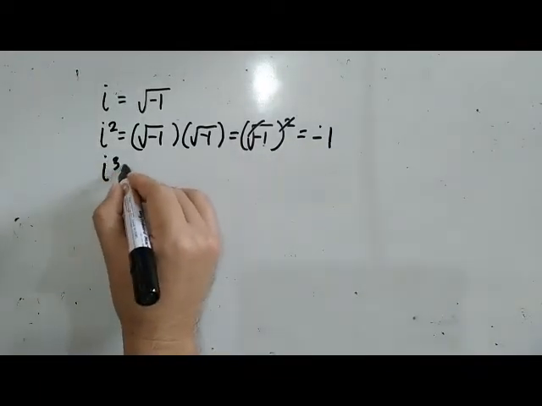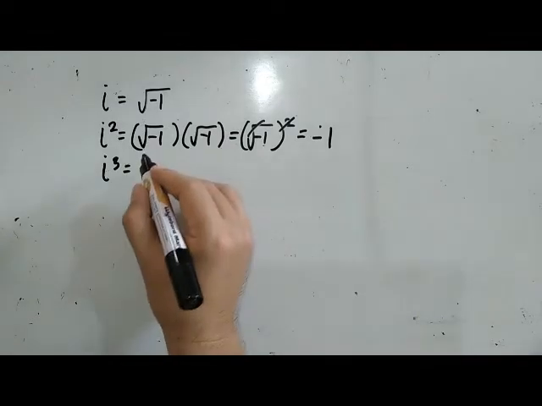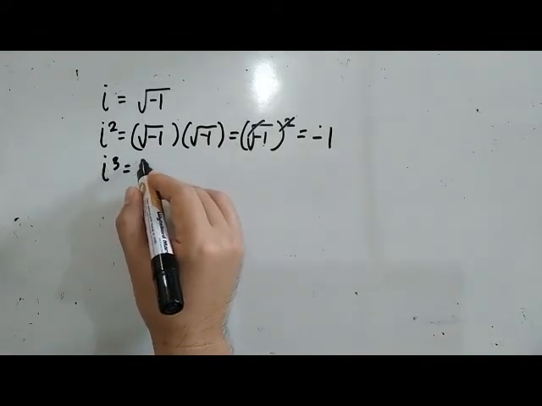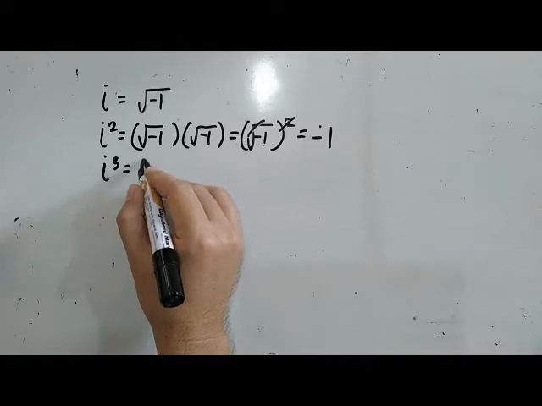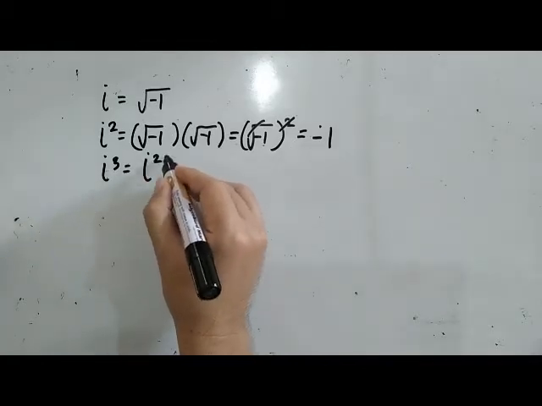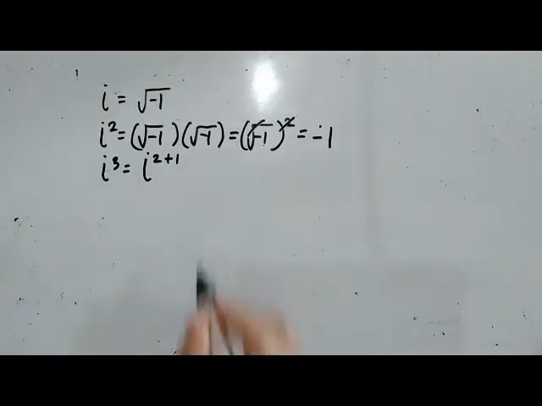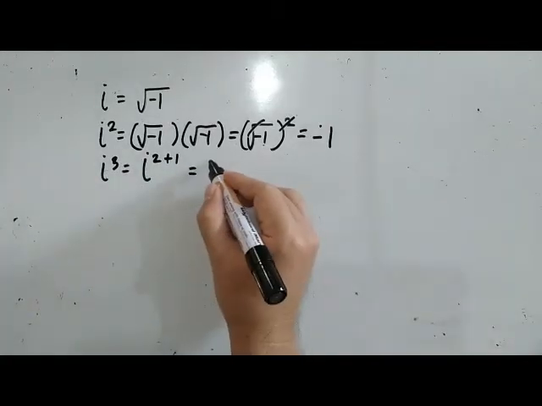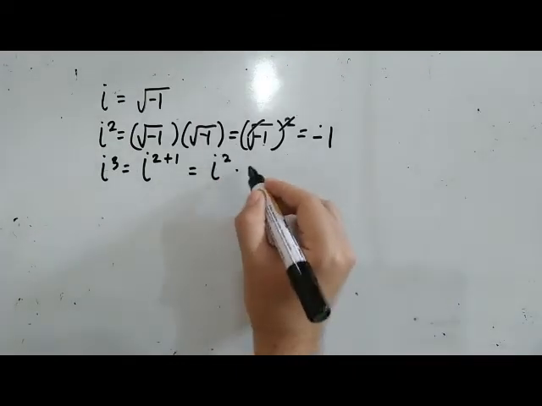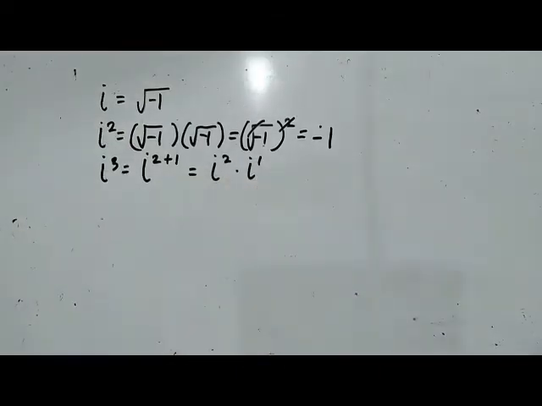I cubed is equal to I squared plus 1, right? So this is equal to I squared times I to the power of 1, by the law of exponents.